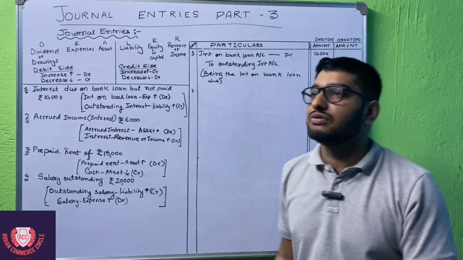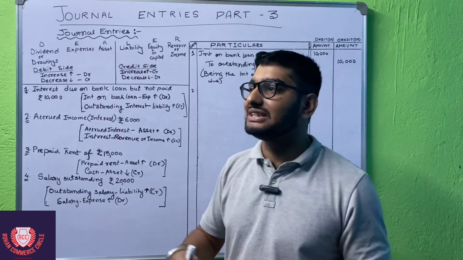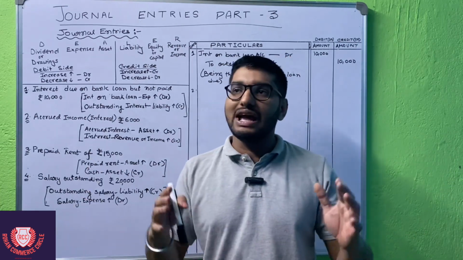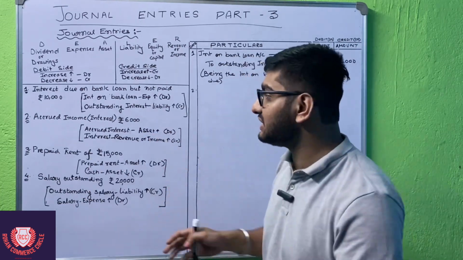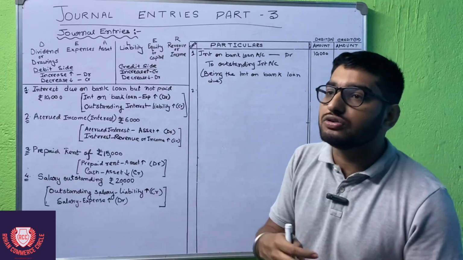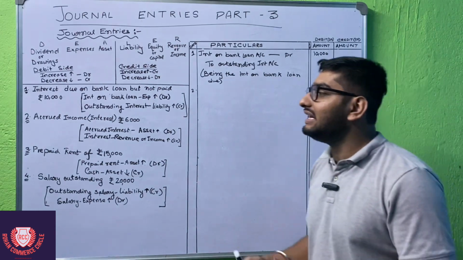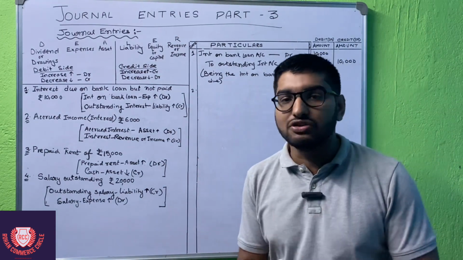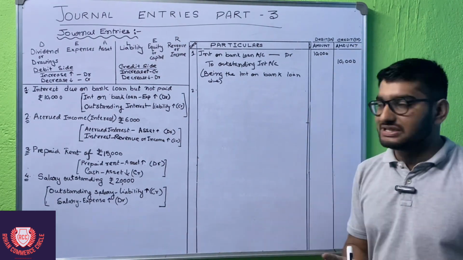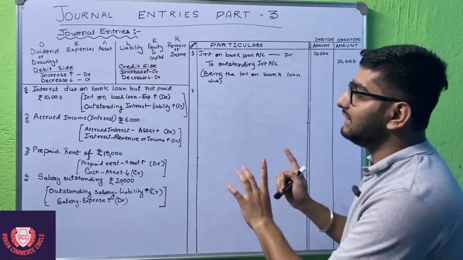Suppose we have worked for some months and gained the salary but not received it. That is accrued income. In this case the interest is already due but it is not received, so that is accrued interest.